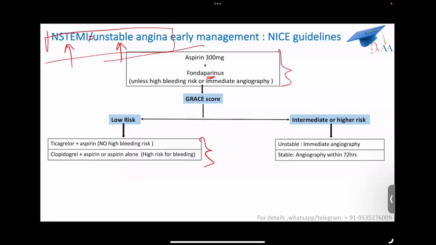Okay, this is an antithrombin, fondaparinux. Unless they are high risk for bleeding, then you'll not give fondaparinux. But everyone, irrespective of risk for bleeding, gets aspirin.